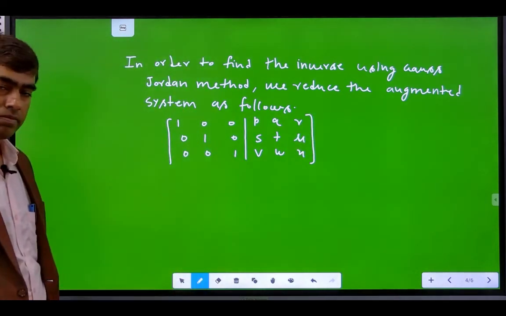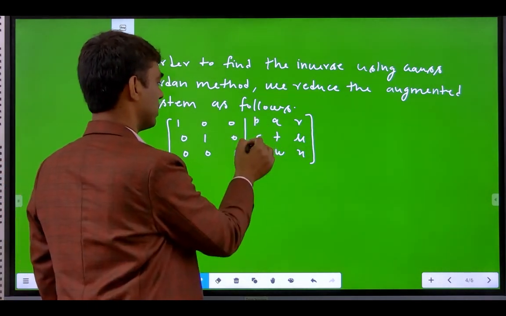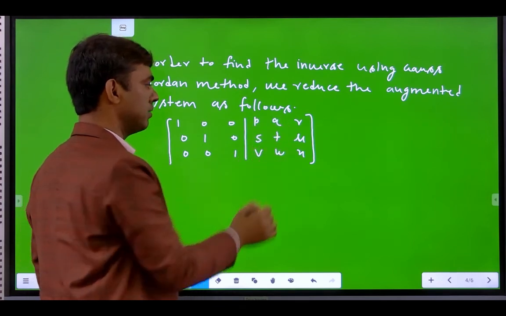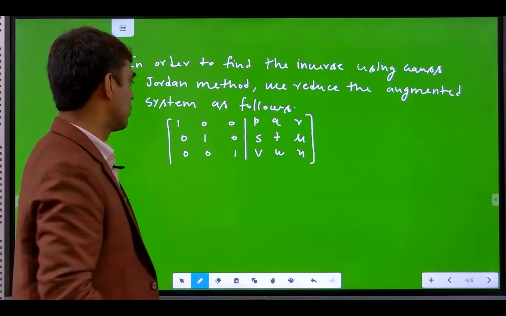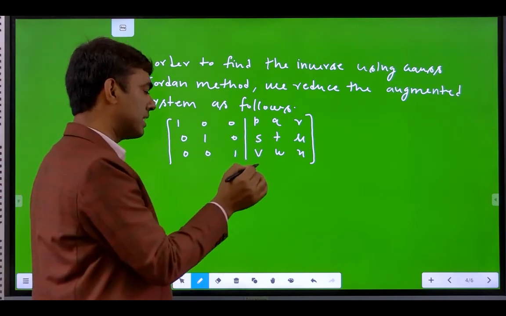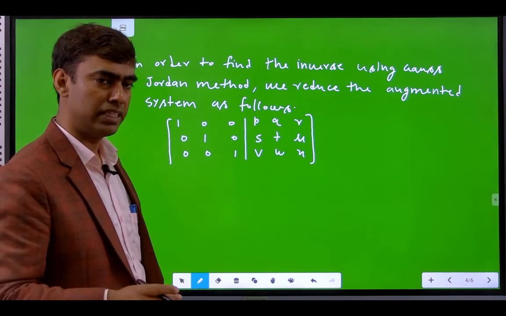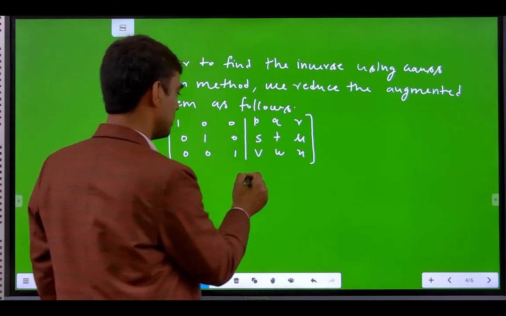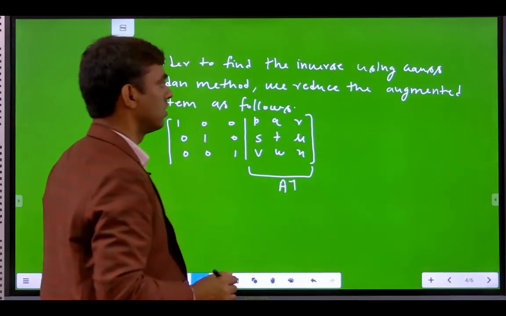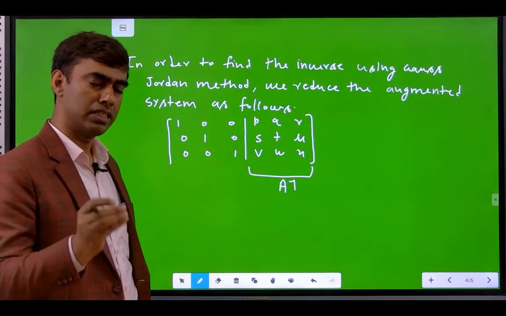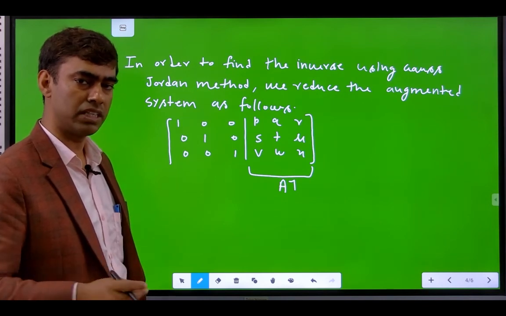As we know, in the Gauss-Jordan method these values are the solutions: P, S, V is a solution, Q, T, W is a solution, R, U, X is a solution. These are constants. So we may say directly, without solving the system of linear equations, that this is A inverse. In the Gauss elimination method there is a need for back substitution to find the unknowns, but in the Gauss-Jordan method there is no need for back substitution.